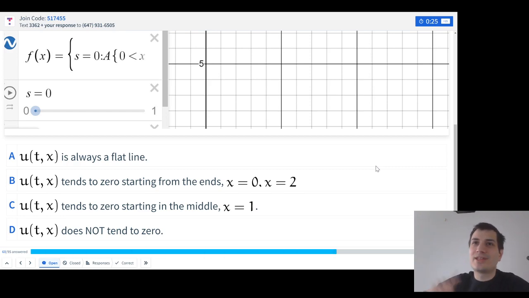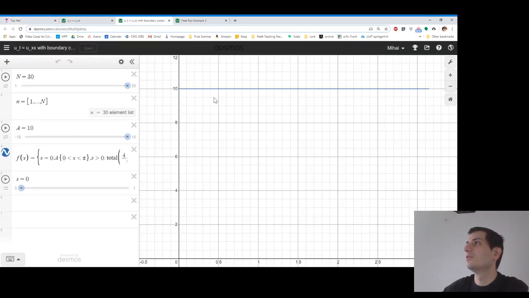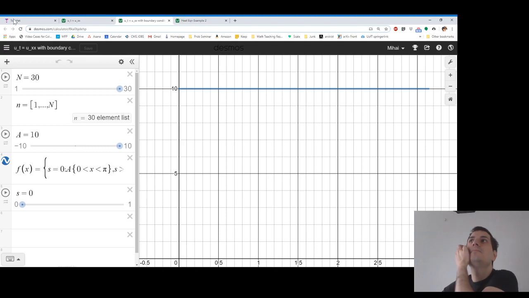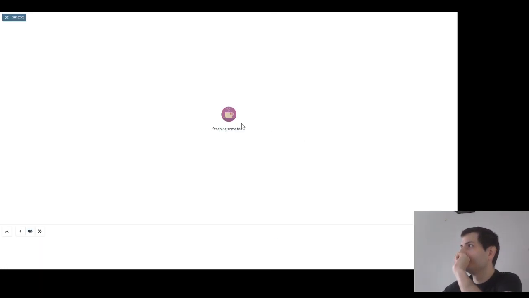Okay, there's like 20 seconds left here. Let me see if I can get the Desmos thing open. Yeah, here it is. Oh no, did it die? Oh, that's bad.